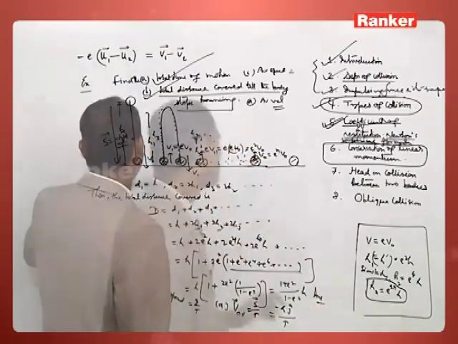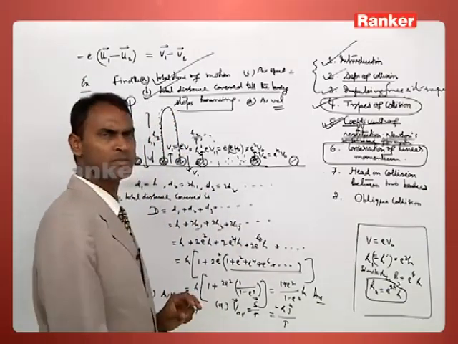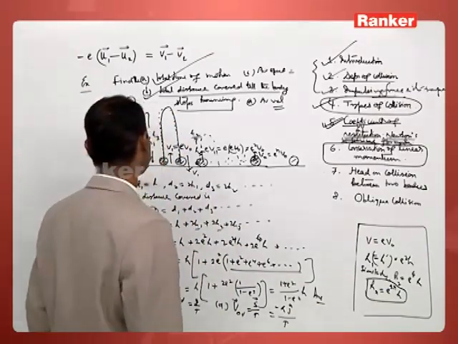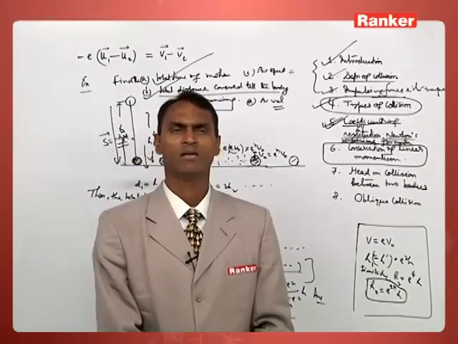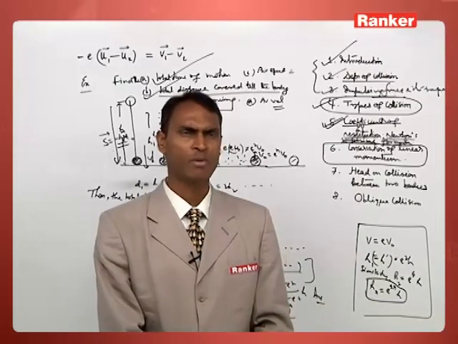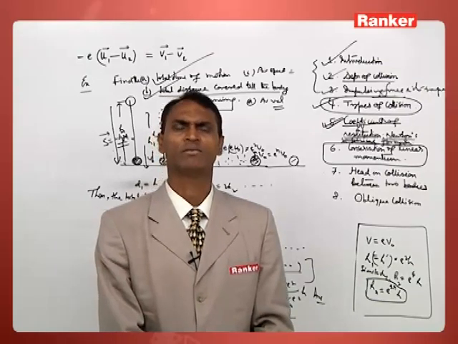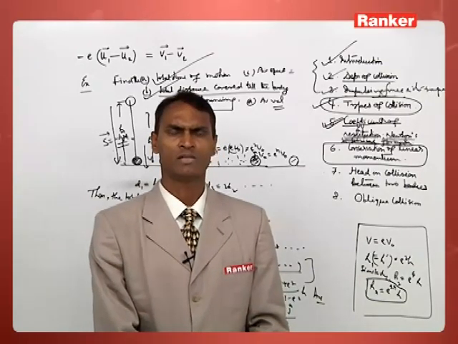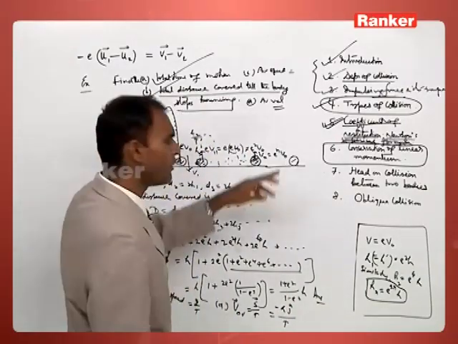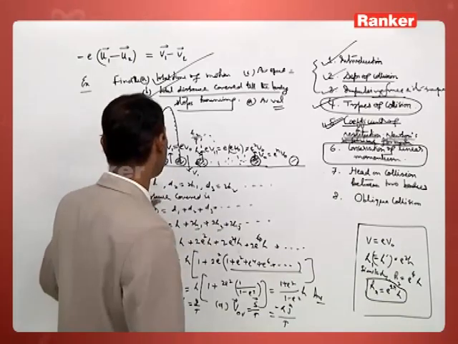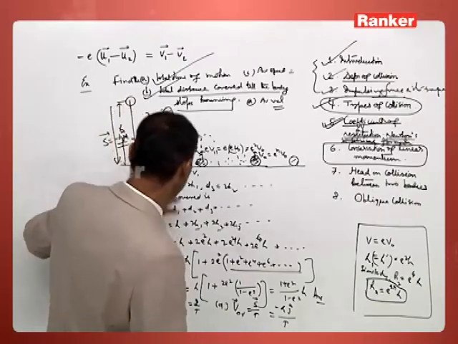In the first collision, the ball is changing how much momentum? In second collision, the ball is changing how much momentum? In this way, if you go on adding the change in momentum of the ball in all collisions, that will give you the cumulative change in momentum, and that's numerically equal to the change in momentum of the earth, or momentum delivered to the earth, or momentum delivered by the earth to the ball.